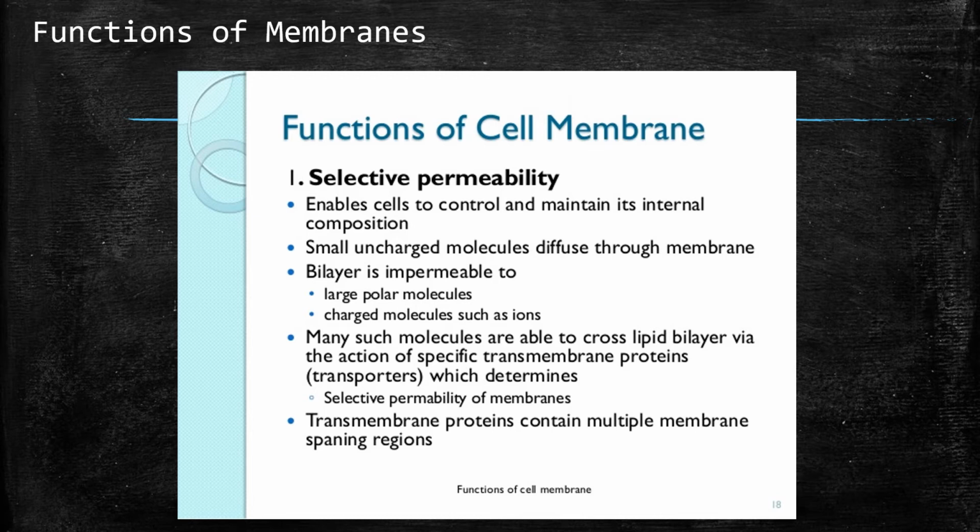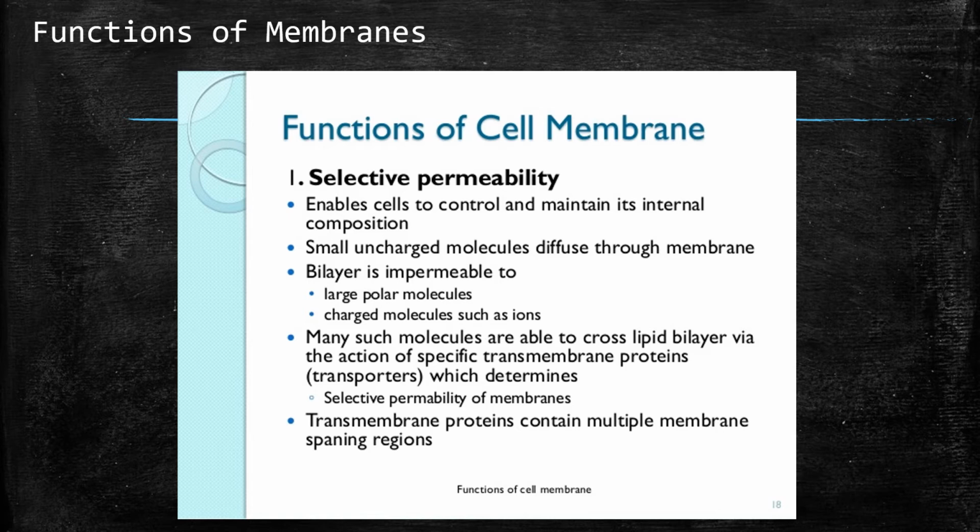And it does this by allowing small uncharged molecules to diffuse through the membrane, but it does not allow other molecules such as large polar molecules or any charged molecules such as ions. Those don't cross by themselves.